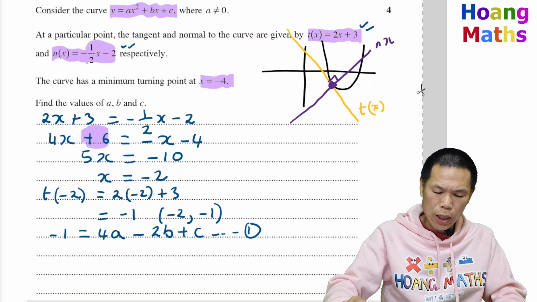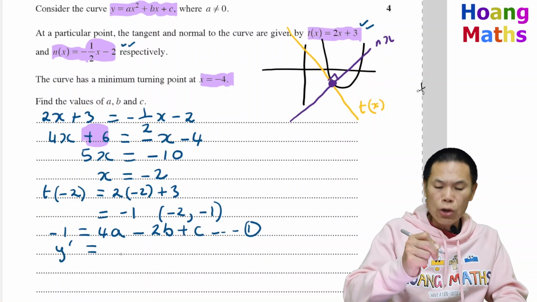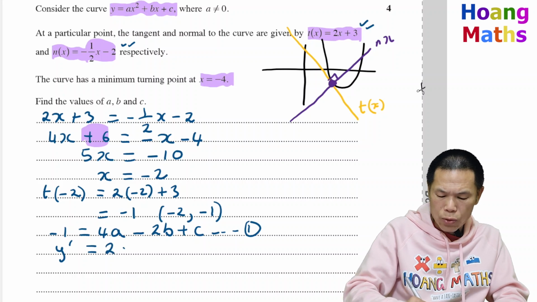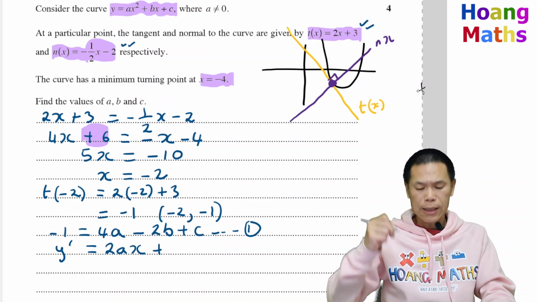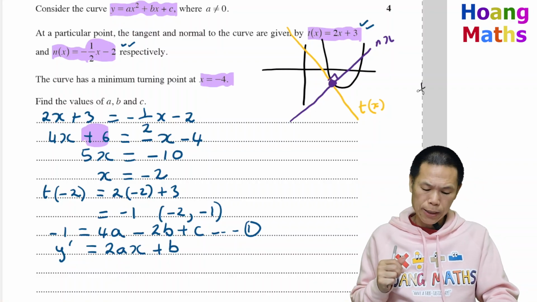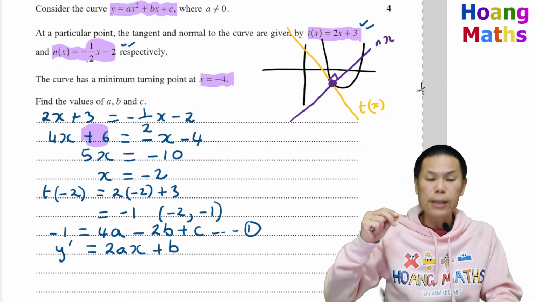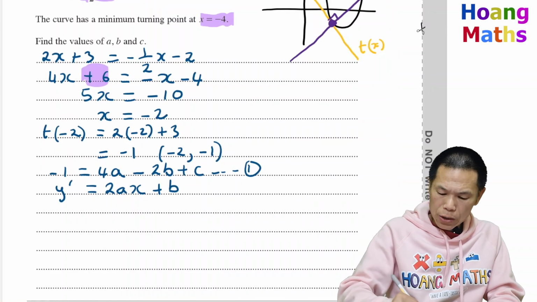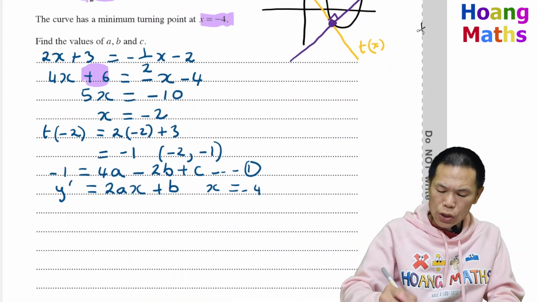If we differentiate the curve, y dash is, the 2 brings down, 2 times a is 2a, so 2ax, plus the derivative of bx gives me b, and the derivative of c is 0. So we have the tangent, and we know that when x is negative 4, y dash is 0.